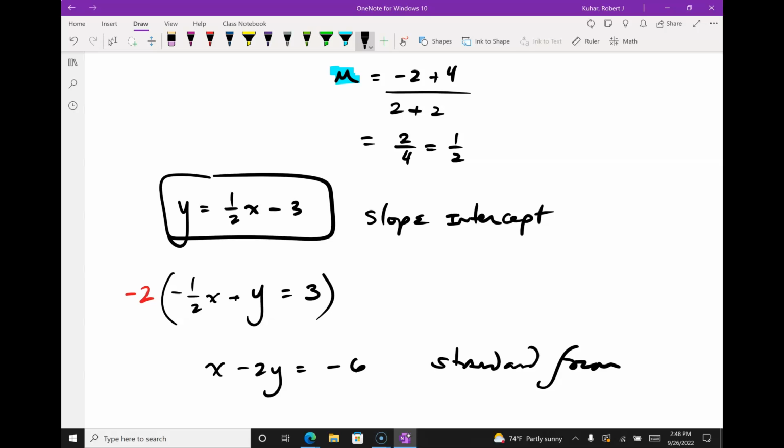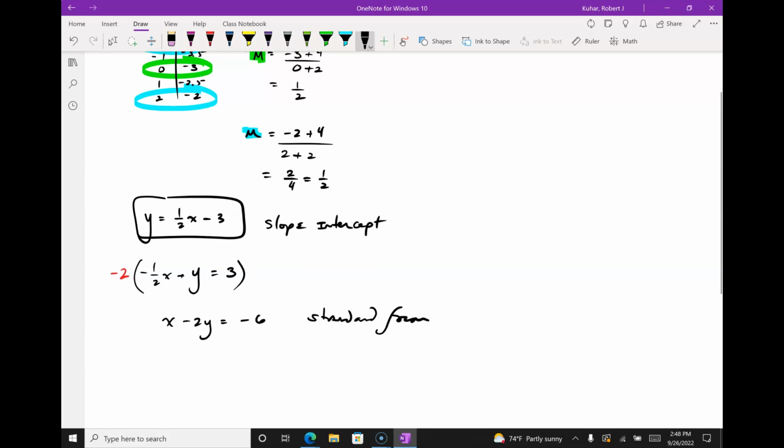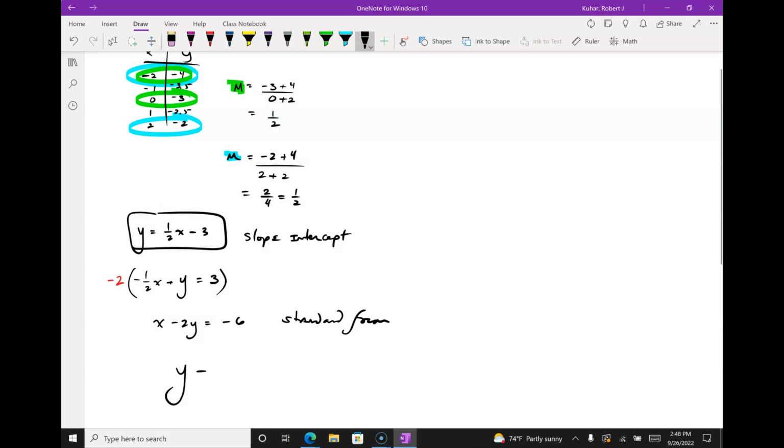Again, I will never ask that. Some calculus books use it. I don't know why. And then, of course, if I use my table, I can get point slope form, right? Y minus what? Which point? How about that one? Y minus a -2 equals 1/2 of x minus 2, right?